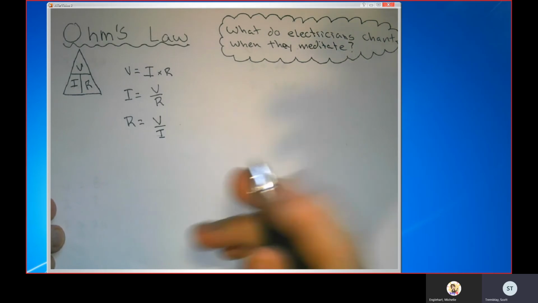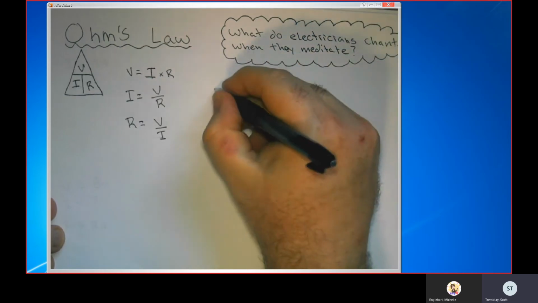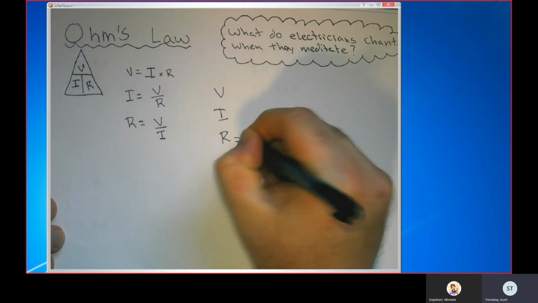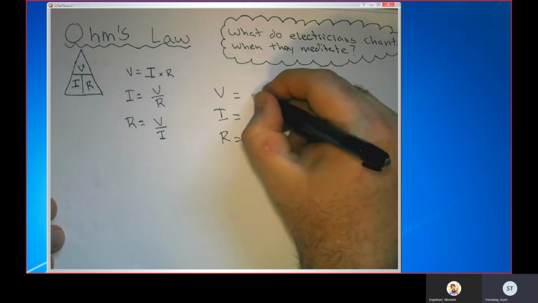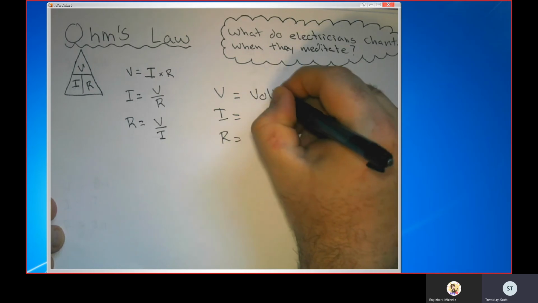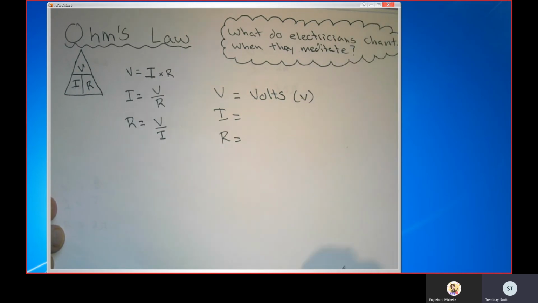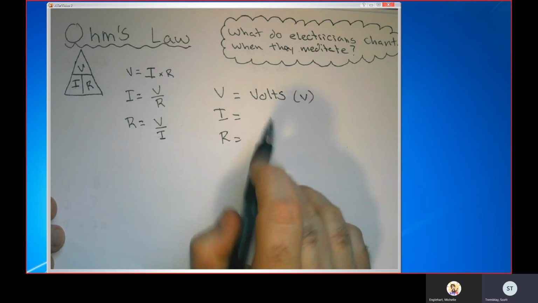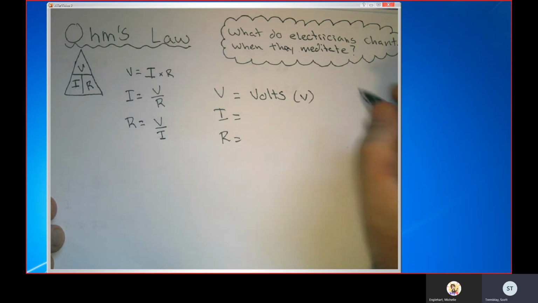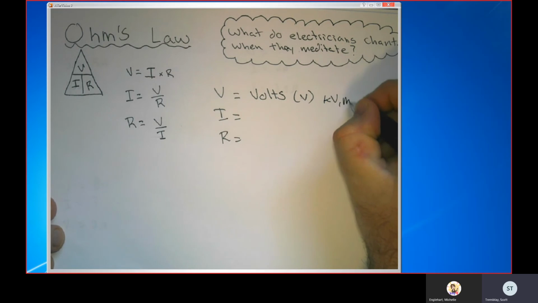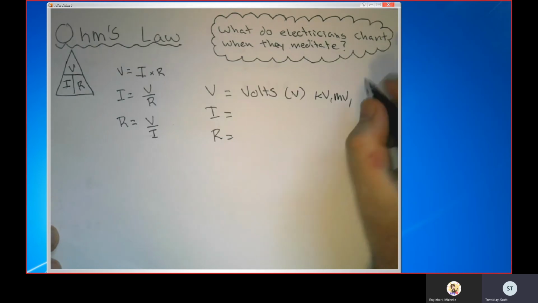Now, before we do the math problems, though, we got to remember what the units for these three are. So the unit for V is volts, and the symbol for those is V. Now remember, these are metric units, so it is possible to have something like kilovolts, megavolts, millivolts.